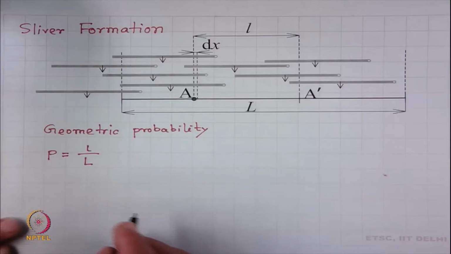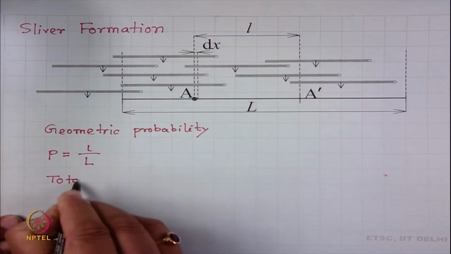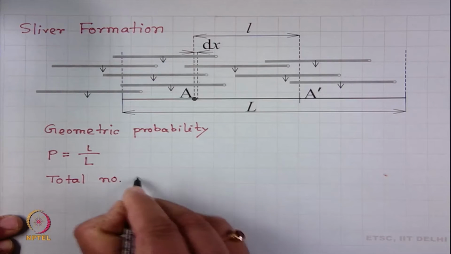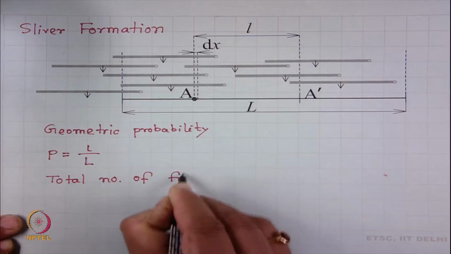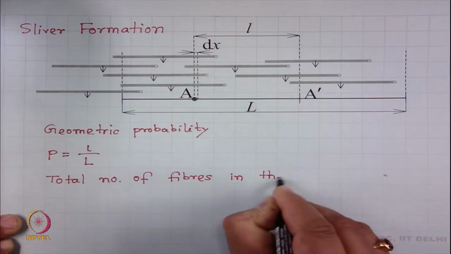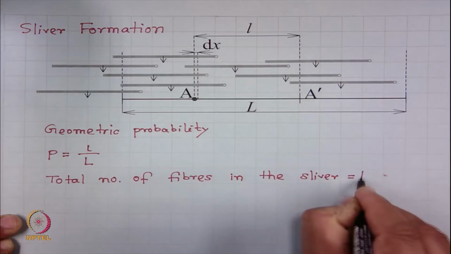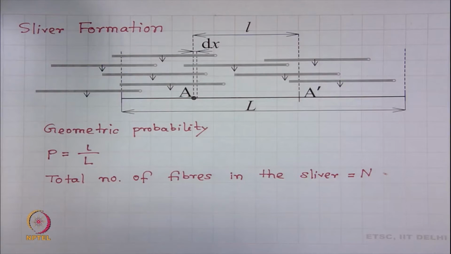Now, suppose the total number of fibers in this sliver is equal to capital N, right.